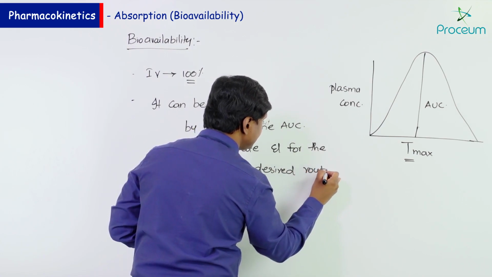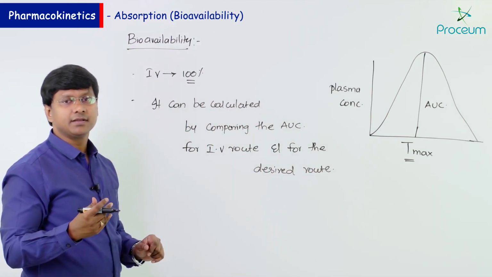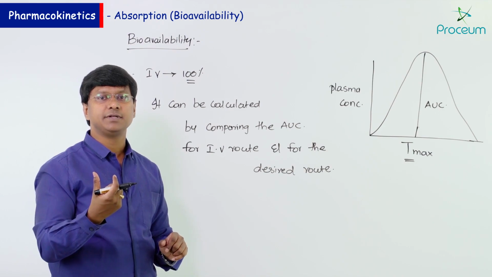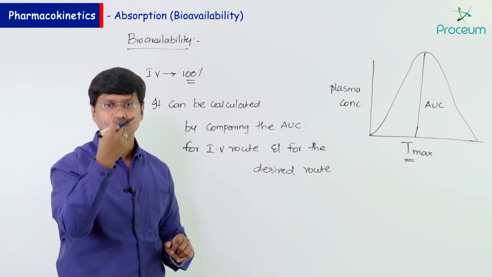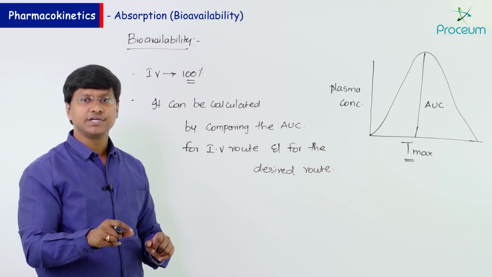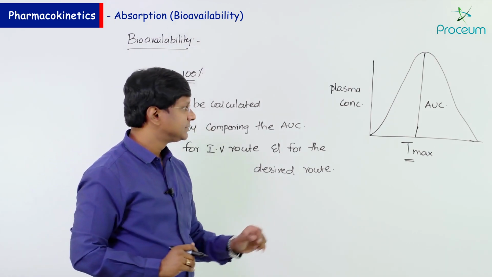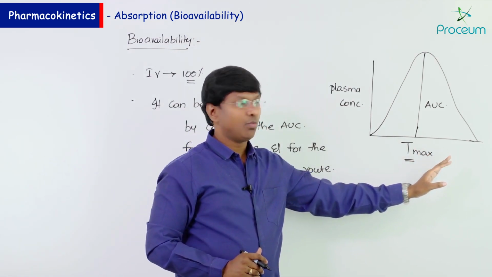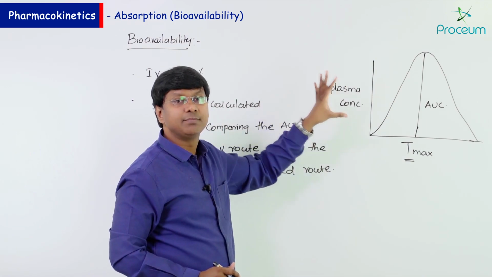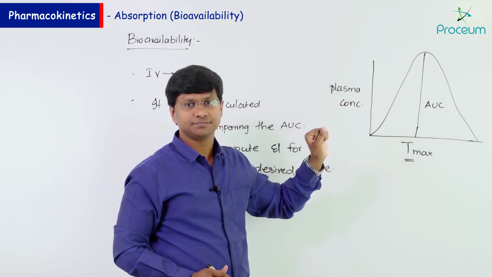Now for example, you want to assess the bioavailability of the drug when you are giving it through the oral route. So what you have to do is, via the oral route, with the time, what is the concentration of the drug in the body, you should be able to make out.